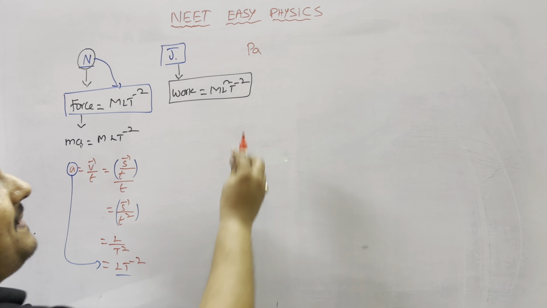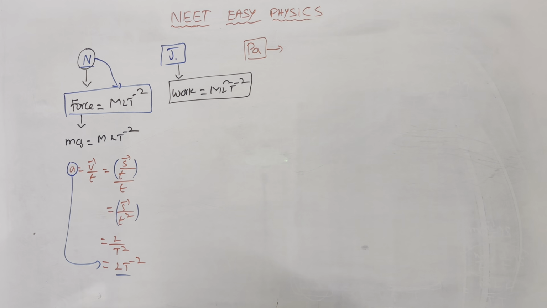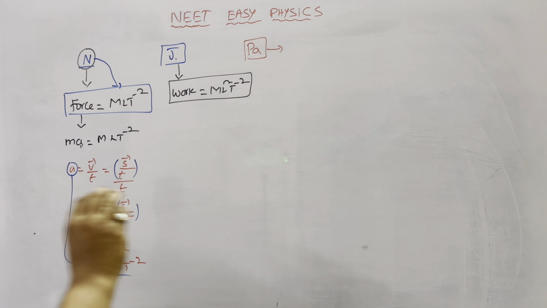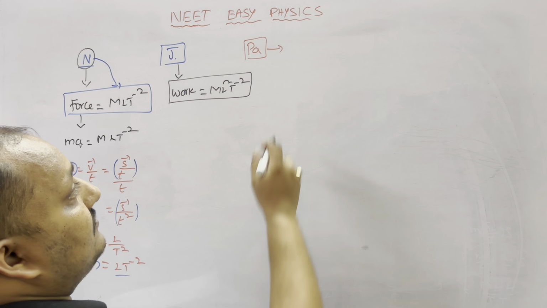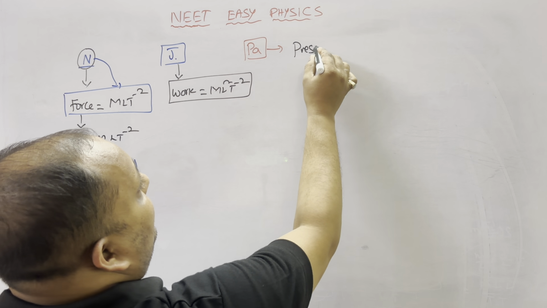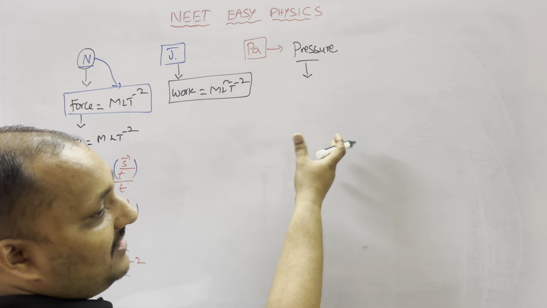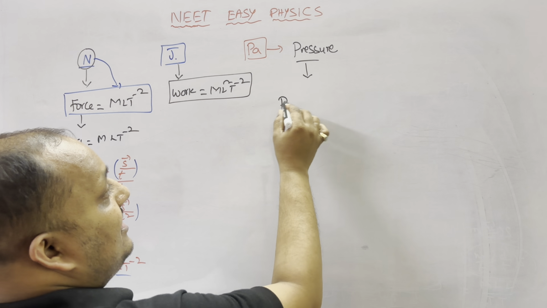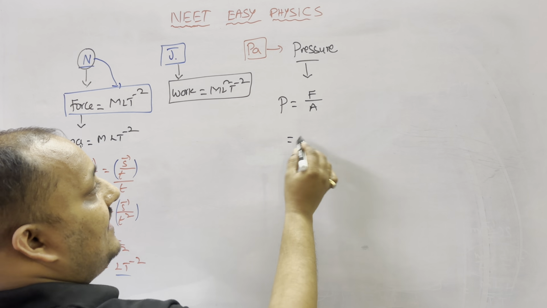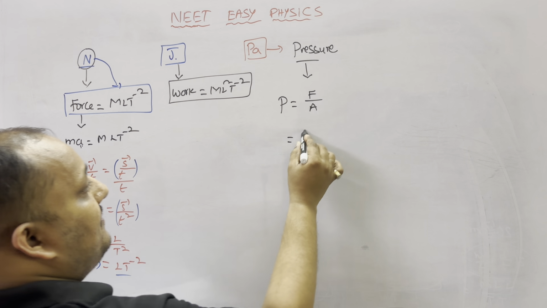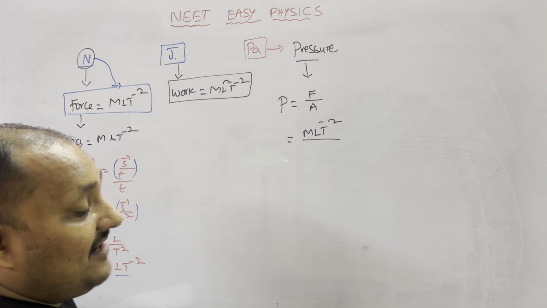So this is the dimension formula for work done. Next, Pascal. Pascal is the unit for which physical quantity? Pressure, correct? Now, we didn't write the pressure dimension formula, but you should know the pressure equation: force per unit area, F by A. Force is M L T power minus 2, divided by area, which we wrote already.